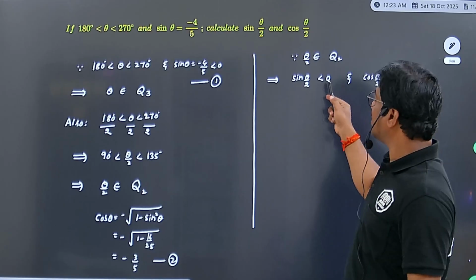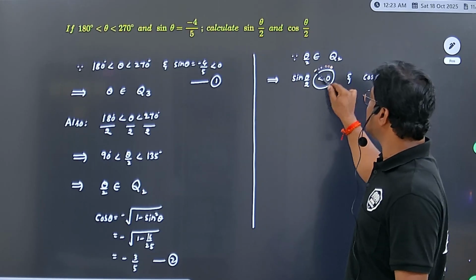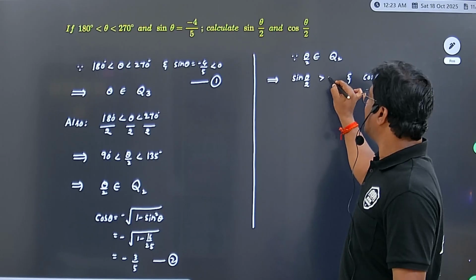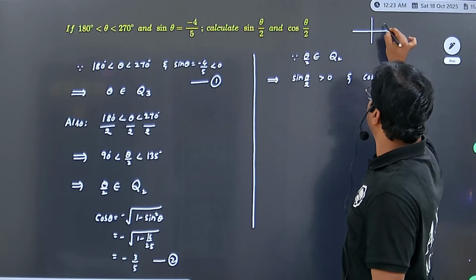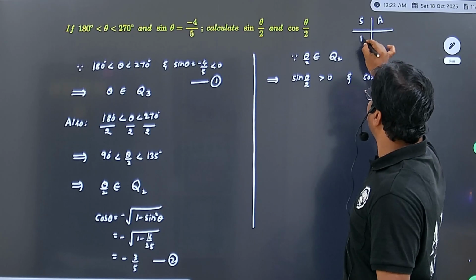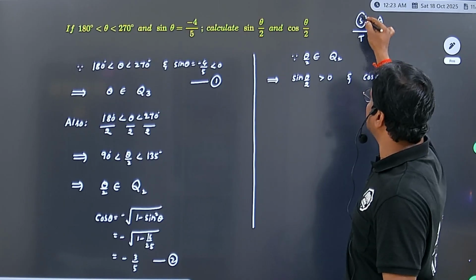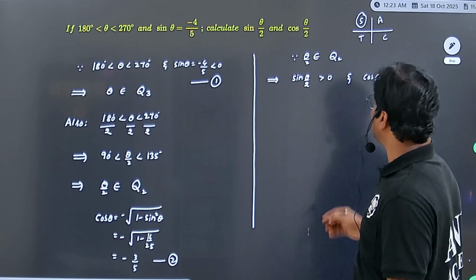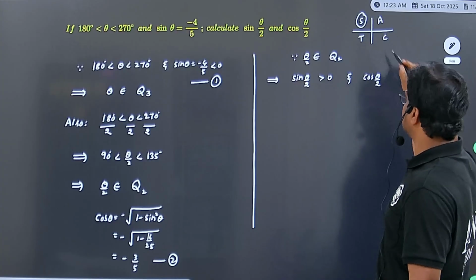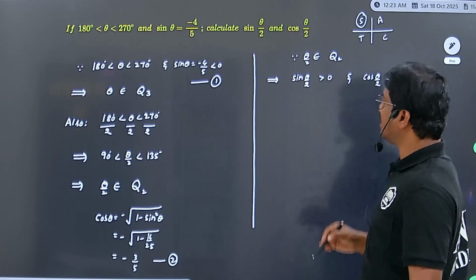In the second quadrant, sin is positive, right? All Silver Teacups, sin positive in the second quadrant. Theta by 2 belongs to quadrant 2, implies sin positive, but cos in this case negative.